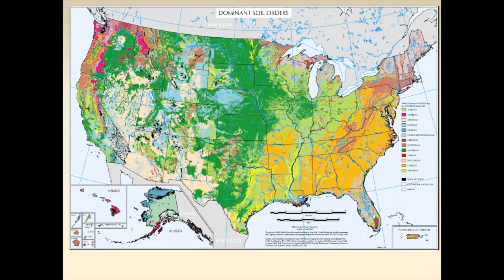We also have in this part of the world Inceptisols. When we think about inception, we think about early, and there are some Inceptisols in North Carolina where you have the Blue Ridge Mountains coming out, and there are a few more in this area which we'll be able to find, of course.